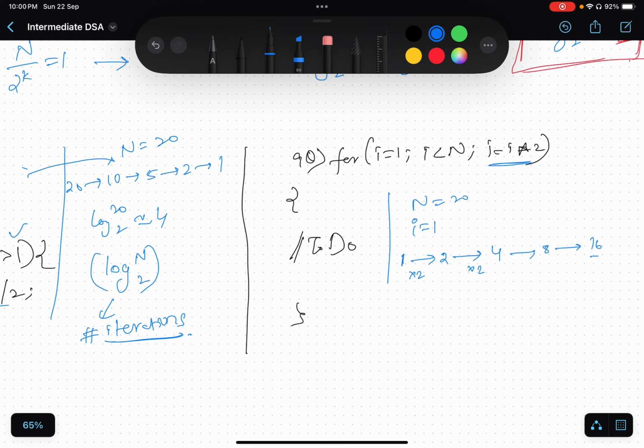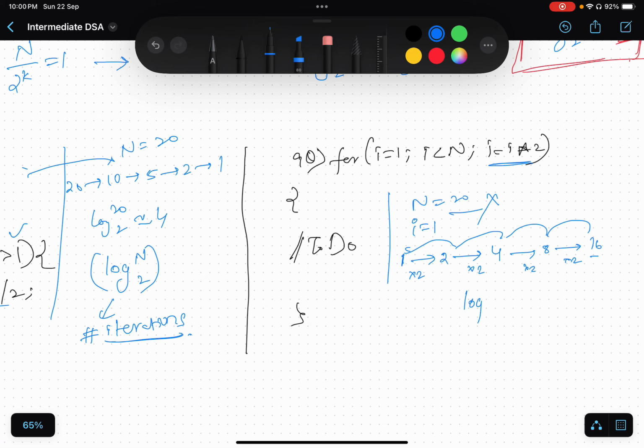It is 16. If I multiply any further, it becomes 32, which is greater than n. That is not needed. So it's the same one. If you observe in reverse also, you are trying to reach 1. So 2 power k is trying to reach n. So you wanted to know how many iterations were made. It is log n base 2.